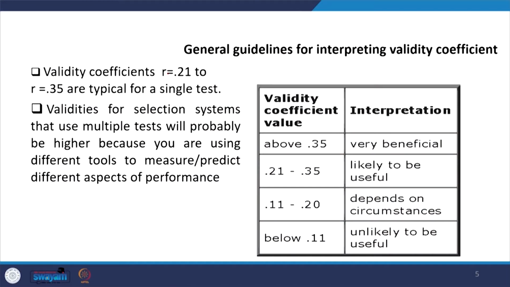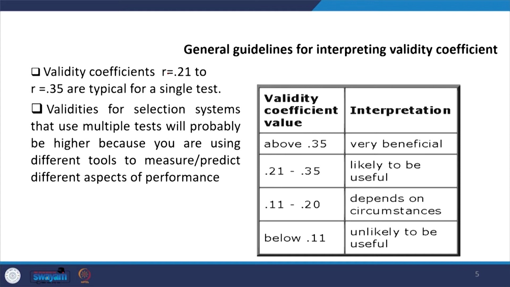Now, there are certain guidelines for interpreting the validity coefficient, as you might be confused in interpreting it. The validity coefficient is like r equal to 0.21 in our example result here. The indicators mentioned are below 0.11, 0.11 to 0.20, 0.21 to 0.35, and above 0.35.